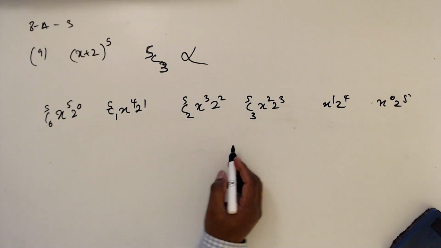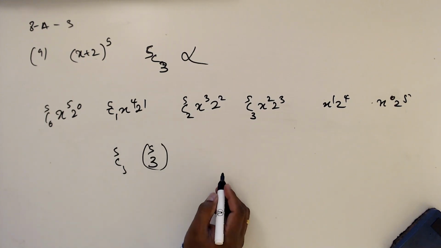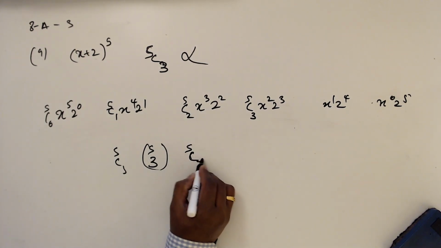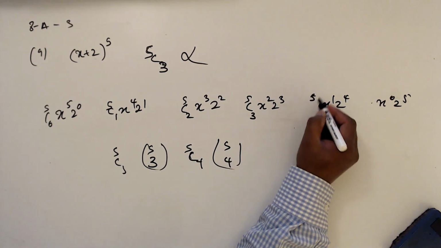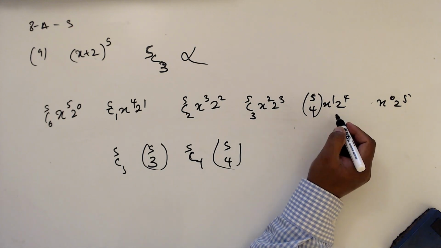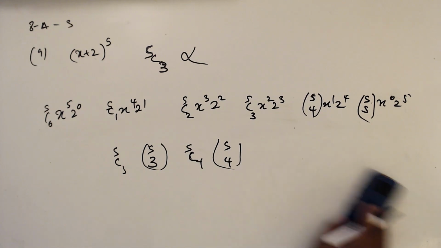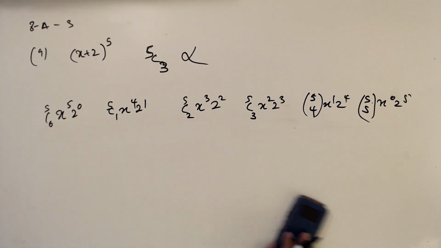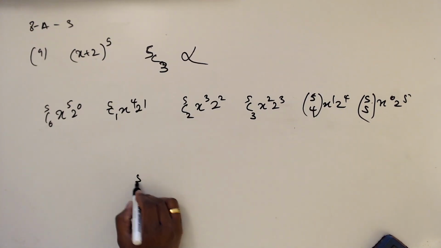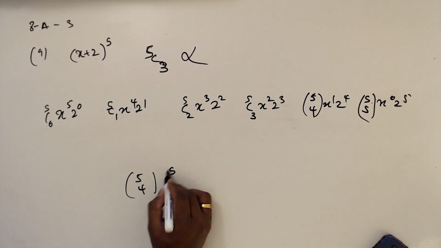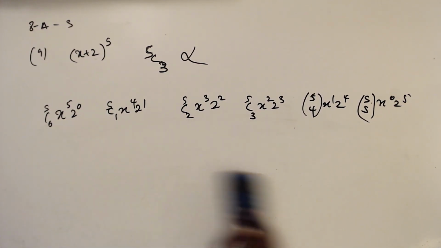Actually, there is a short form. 5C3, we can write like this, and 5C4 like this. It's a short way. What is the meaning of 5-4? It means 5C4. Otherwise, it will take a lot of space.